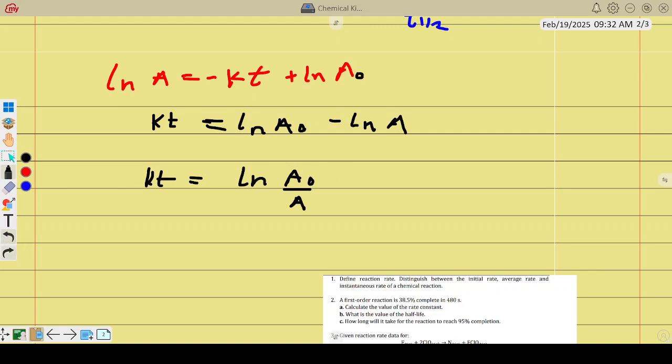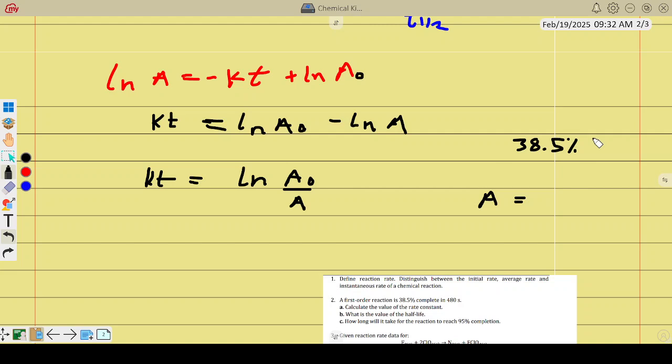So what do you have to understand? We now have to remember that since they have told us that it's complete by 38.5%, this is what has reacted. So then what is the final concentration? I think by now you understand this very well. Since it is complete by 38.5, you subtract that from 100 so that you know what remains.